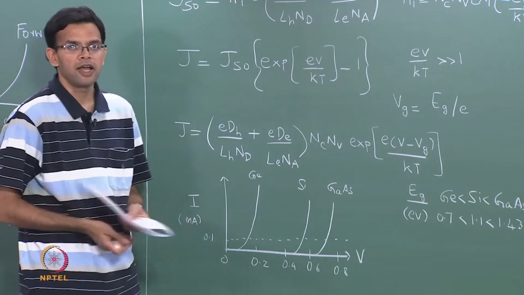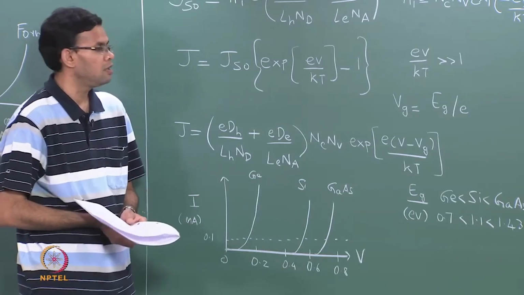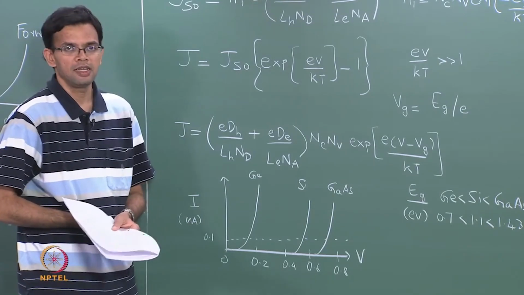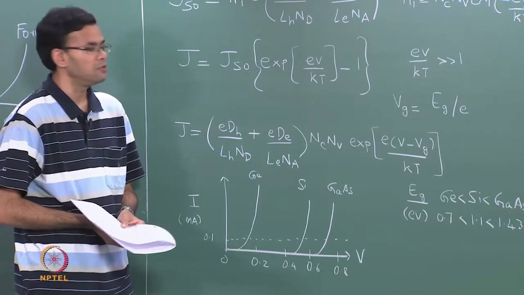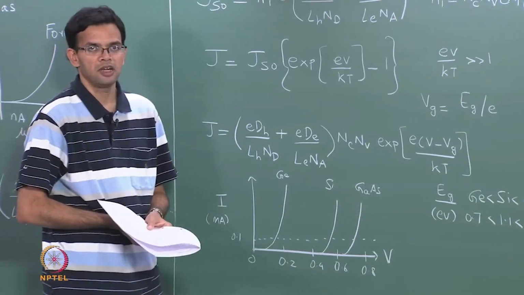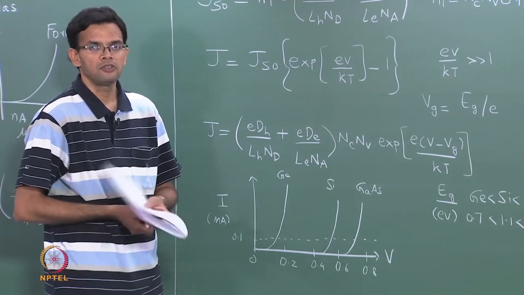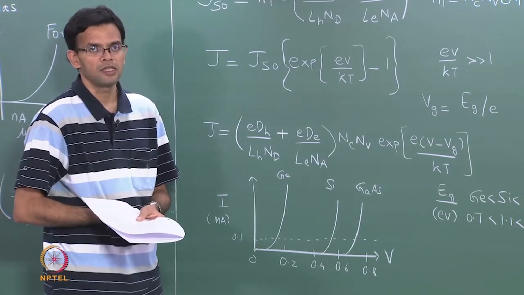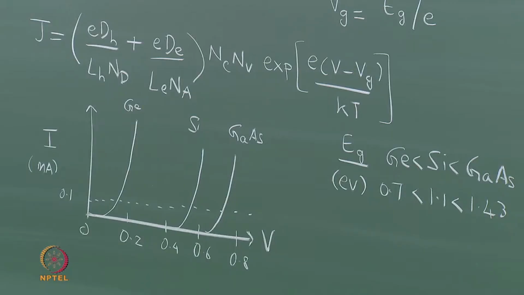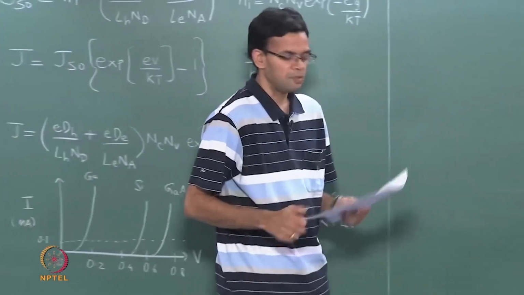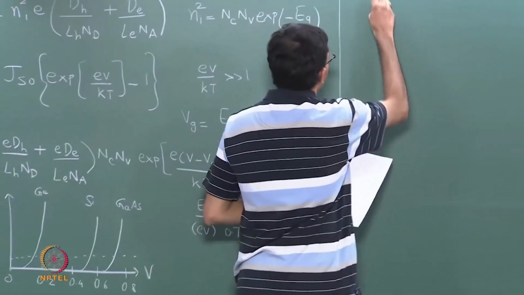So, let us now go ahead and look at an example of a p-n junction in silicon and calculate some values for the reverse saturation current and also the current through the p-n junction in forward bias. So, we are going to start with the p-n junction that we have looked at before.